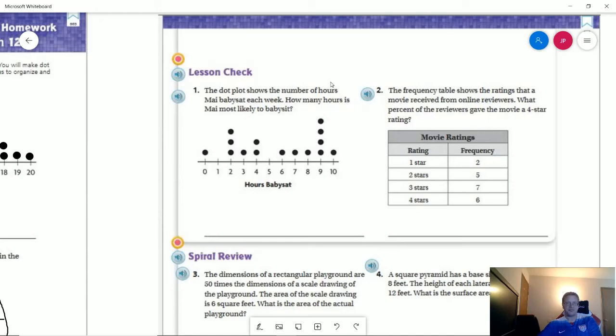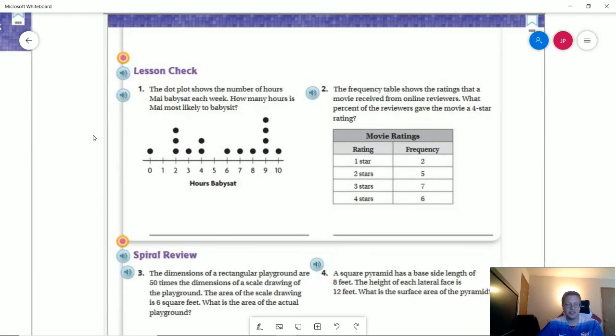So number 1 on the back shows the number of hours. How many hours is this person most likely to babysit? That would be probably this one. Or if we wanted a range, we could also say 6 or more hours, because we have this and then we've got this. So you could group it together, or you could say that we're just choosing that one result.